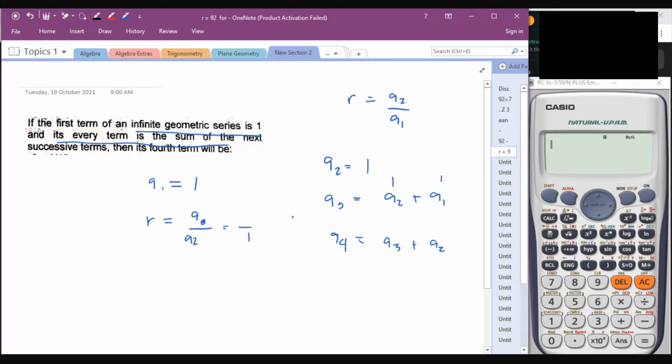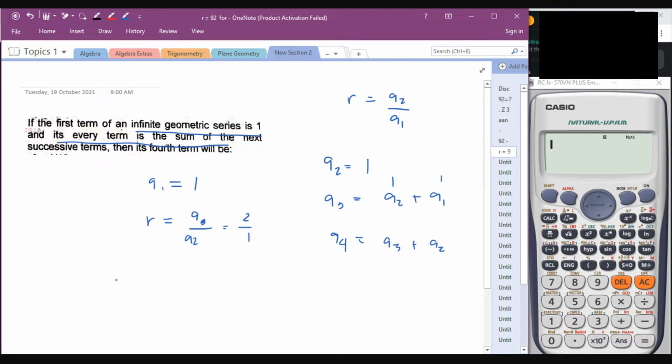A2 is 1 plus 1. A3 is 2 plus 1, edi 3. So, 1, 2, 3. That is, A3 is 2, the sum of the successive terms. Common ratio is 2.